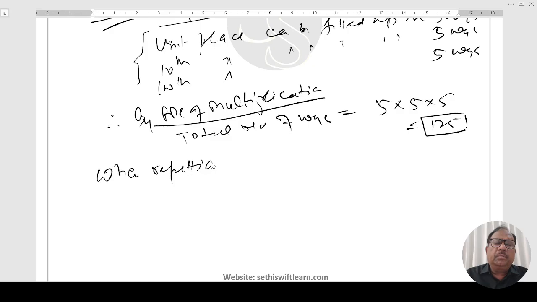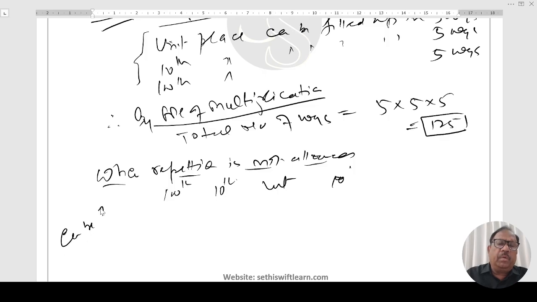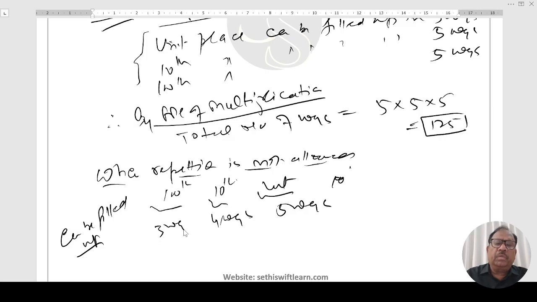Second condition, when repetition is not allowed. Means the unit place, tenth place, and hundredth place can be filled in 5 ways. Once a number is utilized, it cannot be used again, so here 4 ways, then 3 ways.